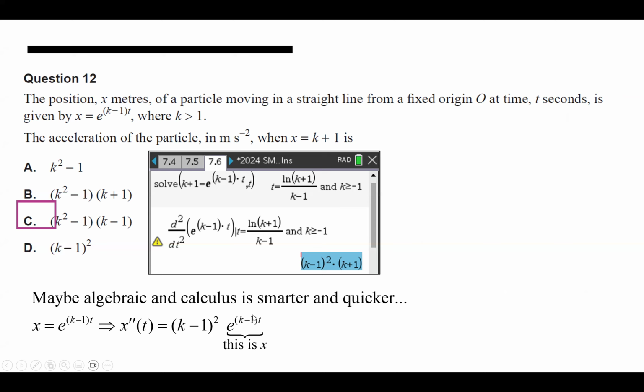And this is exactly the same as x. Therefore, without finding t at all, I can just say, because this k minus 1 squared is constant, when x equals that, just put it here. Therefore, the acceleration for this x value will be k minus 1 squared times k plus 1, okay? So the correct answer is option B.